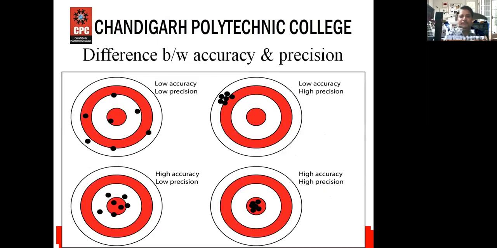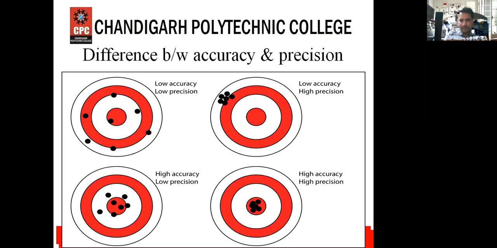Here is the major difference between accuracy and precision. The first image shows low accuracy and low precision because the black dots show the random hits or random readings. The image below the first image shows low precision but high accuracy because it is around the center position where we have to hit.